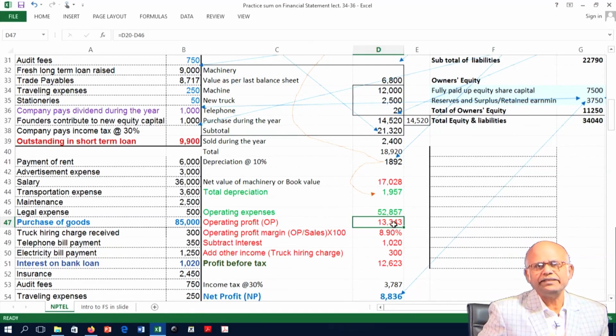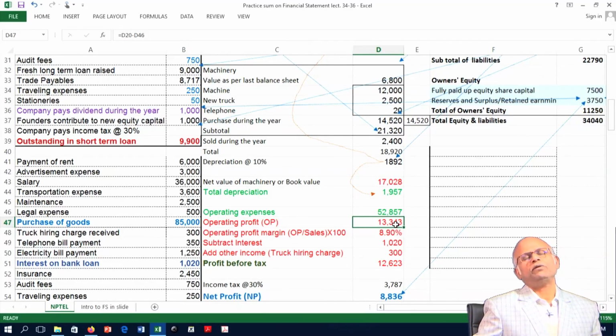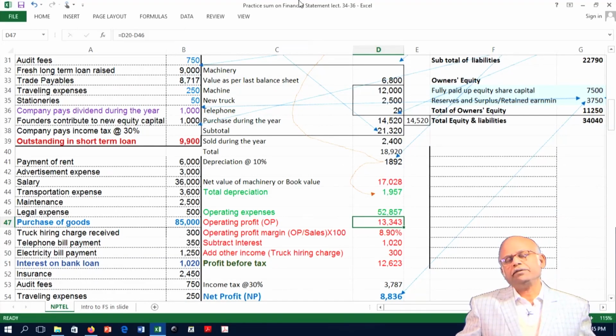Now, after getting this operating profit, our job is to estimate profit before tax. Before we estimate profit before tax, we have to understand the taxable income. For estimating taxable income, we have to deduct interest from operating profit, because interest is an expense that we have not deducted.